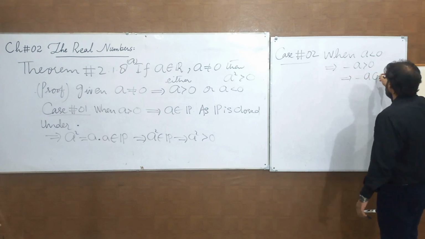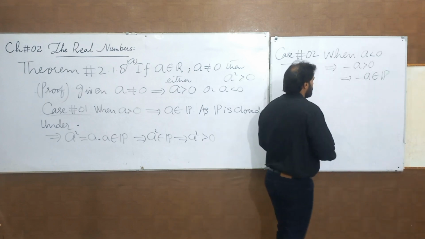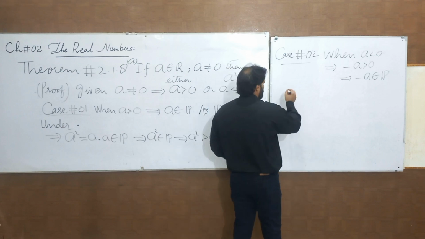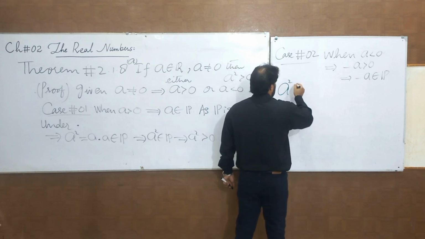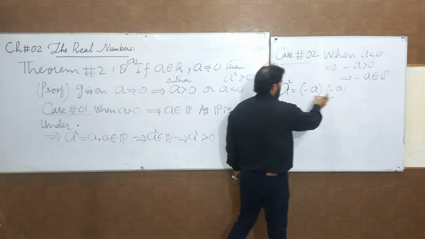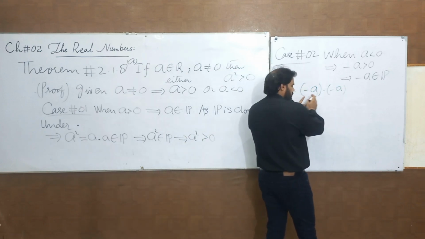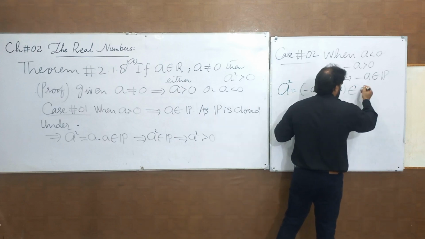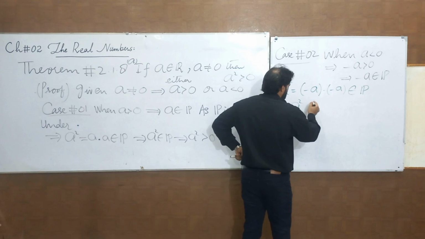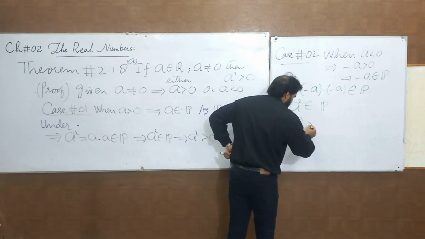This implies minus A belongs to P. As P is closed under multiplication, this shows that the product A square is equal to minus A into minus A. This gives us A square. Both of these are elements of P, so their multiplication also belongs to P. This shows that A square belongs to P, implies A square is greater than 0.